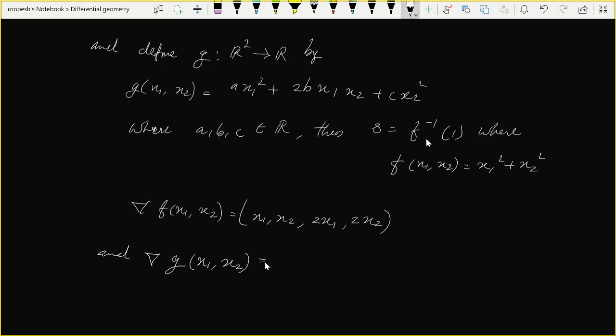We find its derivatives: the first component is 2a x1 plus 2b x2. Sorry, the second component is 2b x1 plus 2c x2.